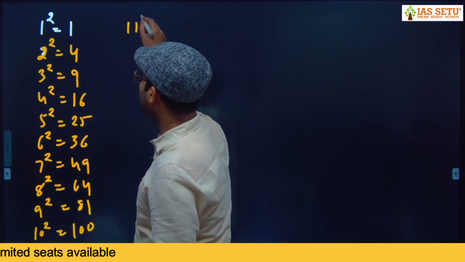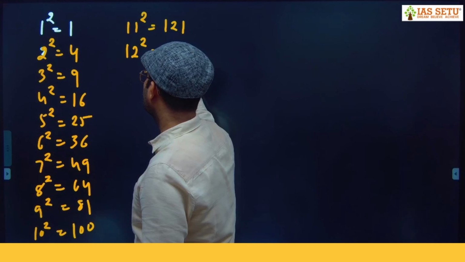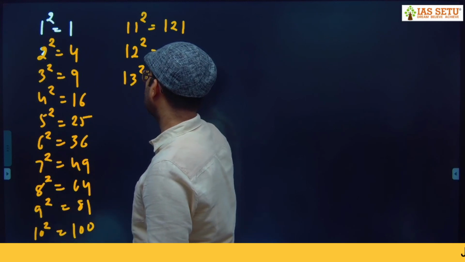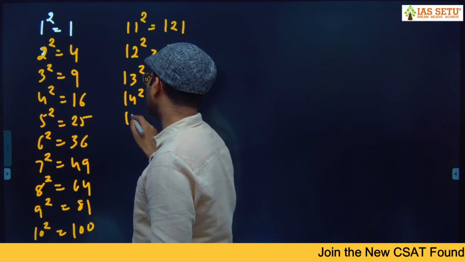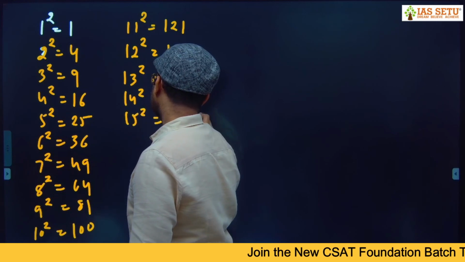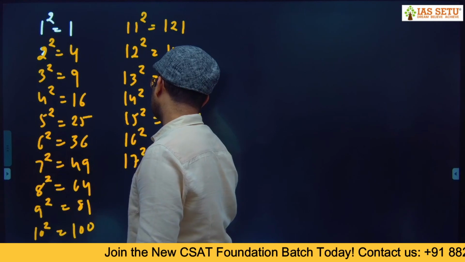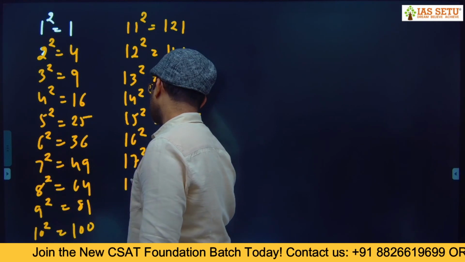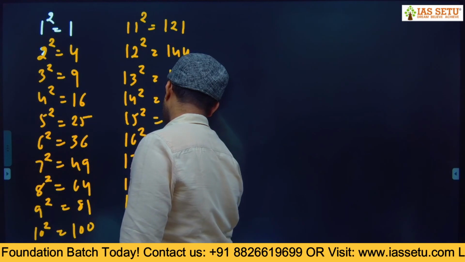Next, tell me, what is 11 square? What is 12 square? 13 square? 14 square? 15 square? 16 square? 17 square? 18 square? 19 square? 20 square?